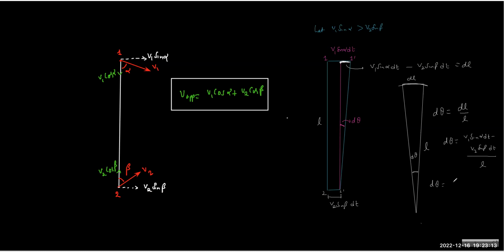We call it, listen carefully, v perpendicular relative into dt. Do you realize this? Why am I writing like this? It is the relative velocity of the perpendicular component, isn't it?